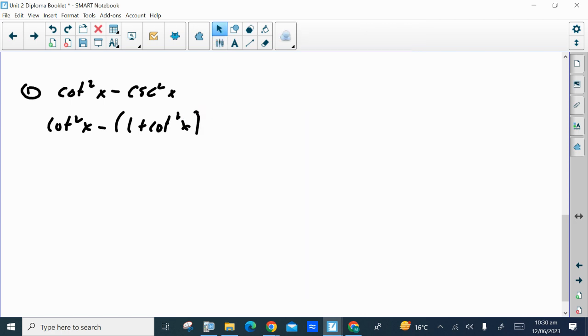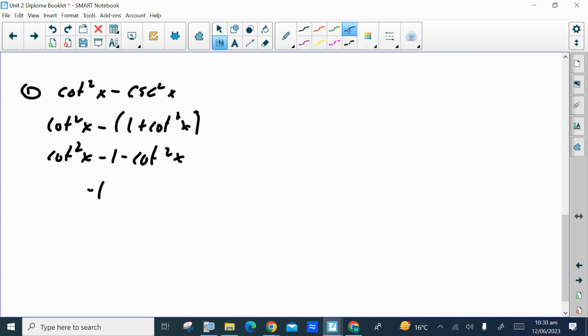It probably says 1 plus cotan squared x equals cosecant squared x, but that's the same thing. But remember, we're subtracting all of the cosecant squared x, so we're subtracting all of the 1 plus cotan squared x, which means it's in brackets. And a negative sign in front of the bracket changes all the signs inside. The cotan squared x's cancel, and you're left with a value of negative 1. So that's the value of that first expression.